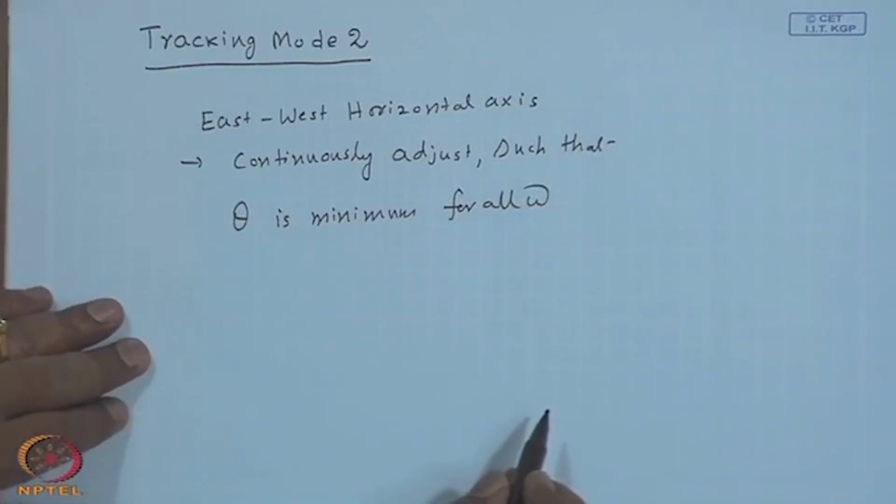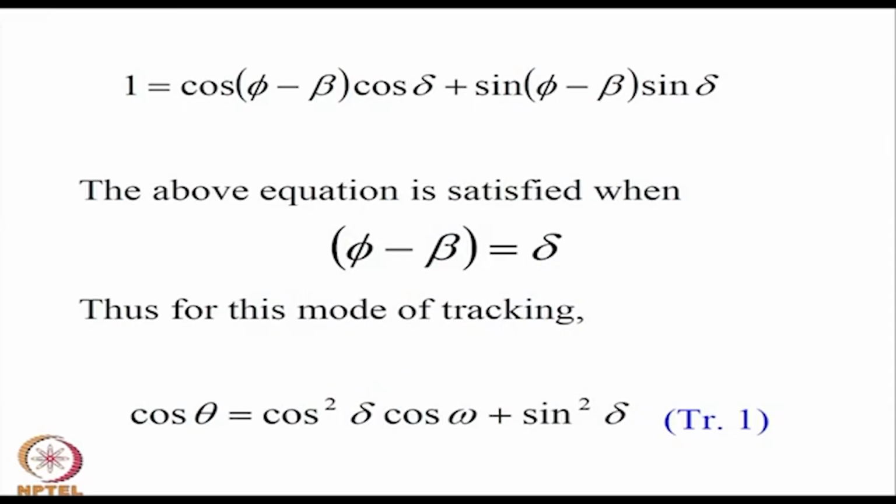So, it is an east west horizontal axis surface rotated about the east west axis such that the angle of incidence is minimum. In the previous case, the angle of incidence was a minimum and equal to 0 at noon time, which is satisfied by phi minus delta is equal to beta.